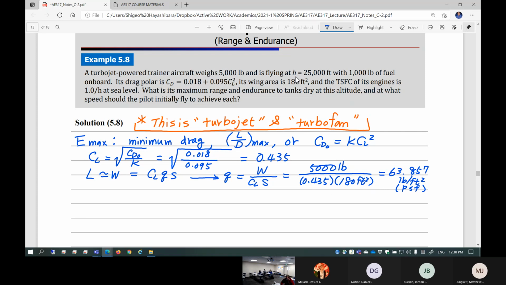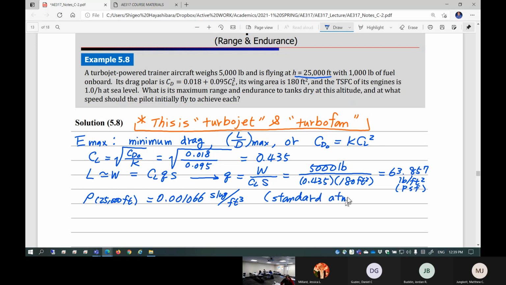This is at 25,000 feet. Let's use the standard atmospheric value of density at 25,000 feet, which is 0.0010666 slugs per cubic foot. Okay, standard atmospheric value.